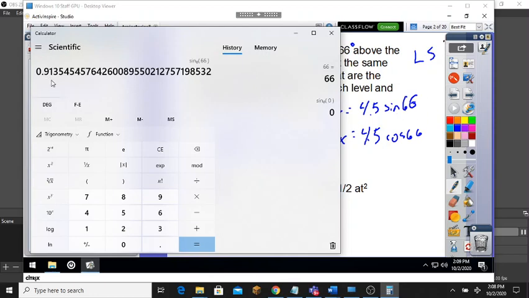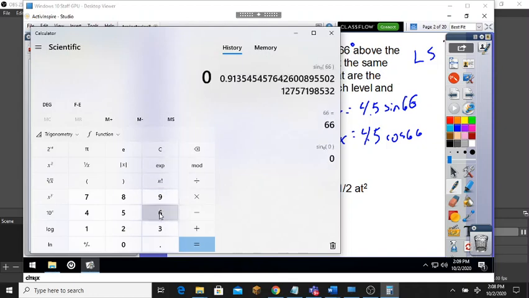If you don't get this number, it should look kind of like this, okay? If you're using your cell phone, on some cell phones, like I said, you might have to press 66 and then sine, or sine and then 66. Here, it looks like if you press the number first and then sine, it'll give you this number. Once you have this number, you're going to hit times 4.5.